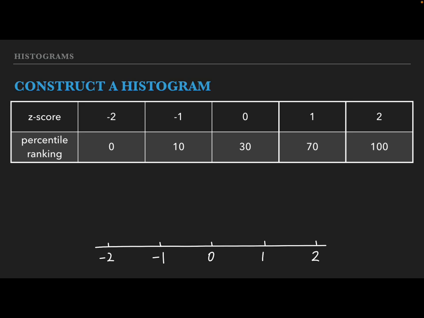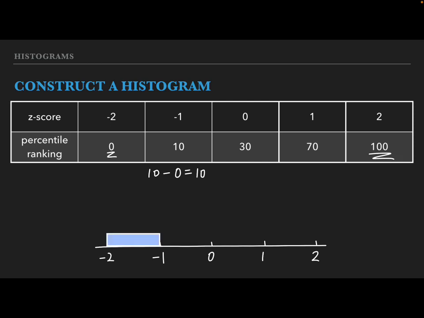From the chart, we note that 0% of the data is less than the z-score of -2, and 100% of the data is less than +2. This indicates that the entire area should be in between the z-score of -2 and +2. Also, 10 minus 0 is 10, meaning that 10% of the area is in between a z-score of -2 and -1.